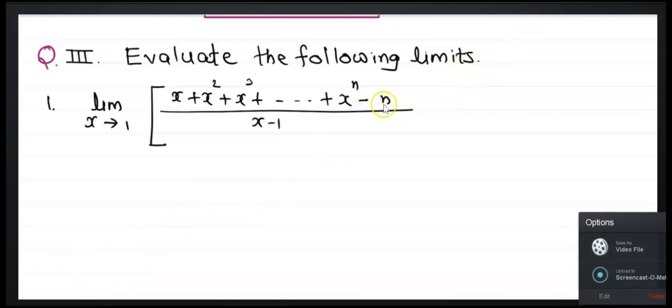The minus n means 1 into n, so this 1 is repeated n times, and we take this minus 1 for each of these x. That is, (x minus 1 plus x square minus 1 plus x cube minus 1 plus dash dash plus x raised to n minus 1) upon (x minus 1).